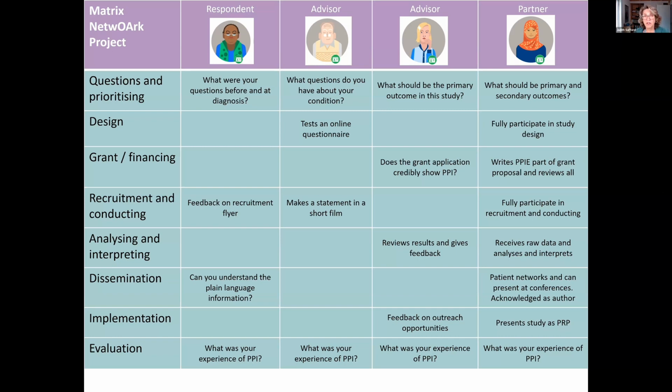So you could ask one, what questions do you have about your condition? And then the more advanced advisor could be asked about what the primary outcome is, what's the most important thing to a patient that we should be finding out. And the partner, who is an integrated member of a research team, can also discuss primary and secondary outcomes.